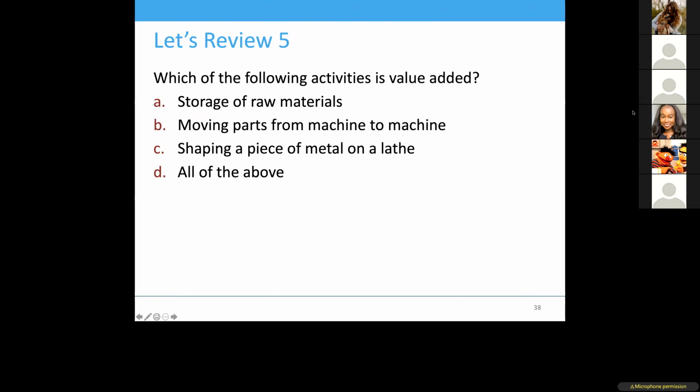Okay, I was going to say D, but I'm not sure of A. Okay, so Maddie? I was thinking C, shaping a piece of metal. Okay. Rag? It's C, shaping a piece of metal on a lathe. Rylan? I'm going to go with C as well.